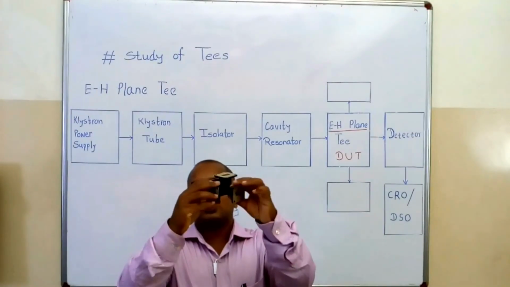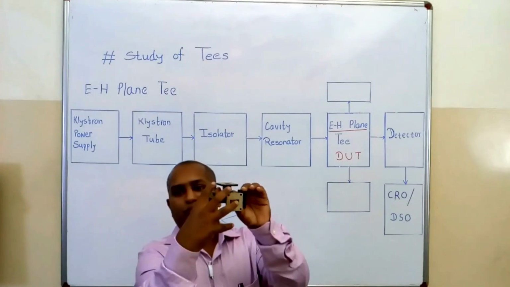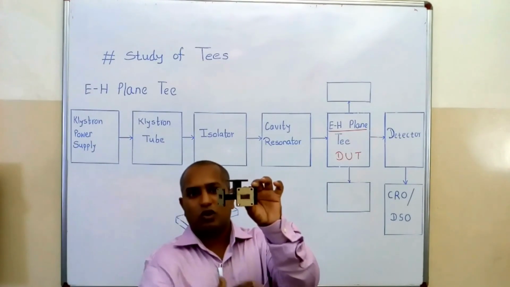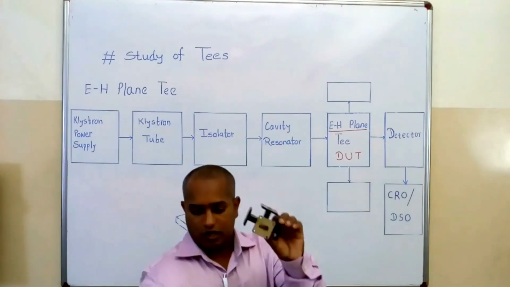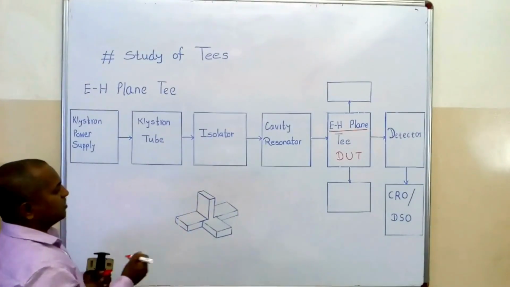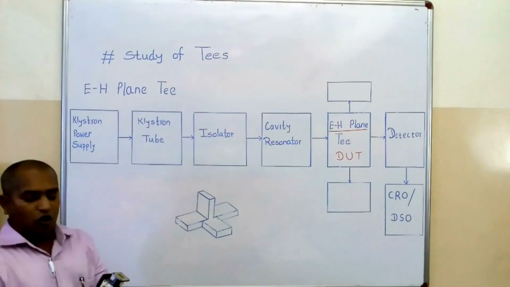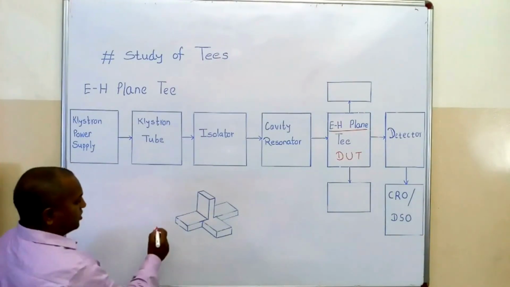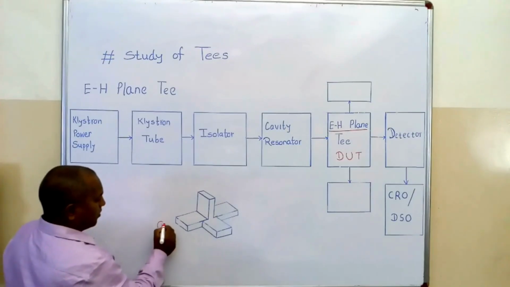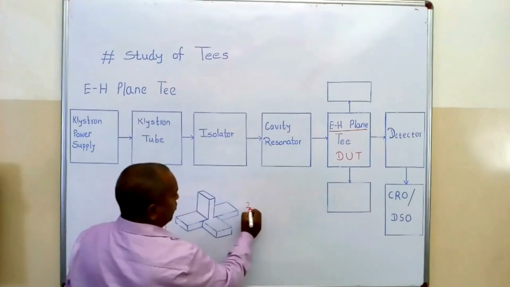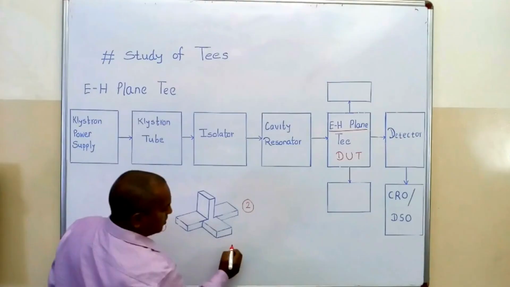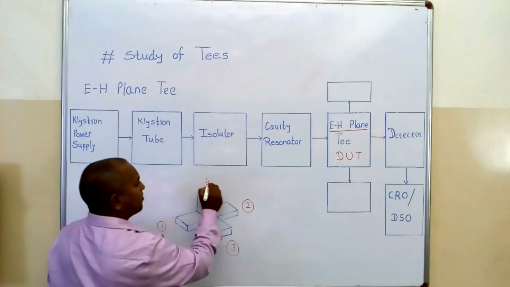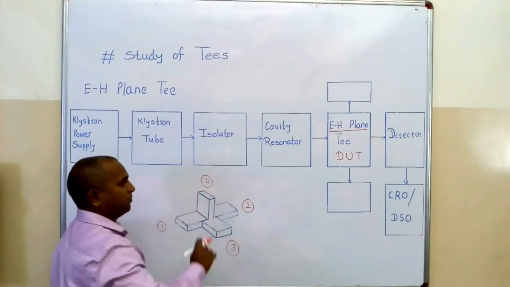If you see the front view of this EH-plane T and draw it on your paper or board, it looks like this. This is my front view of EH-plane T, in which this is my port 1, this is my port 2, this is my port 3, and this is my port 4.